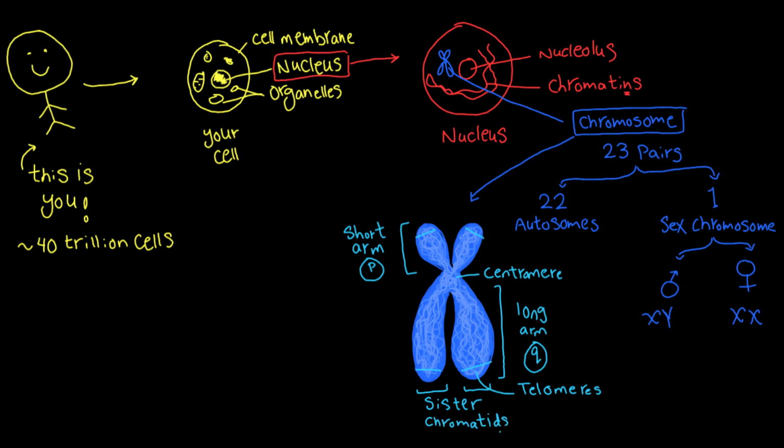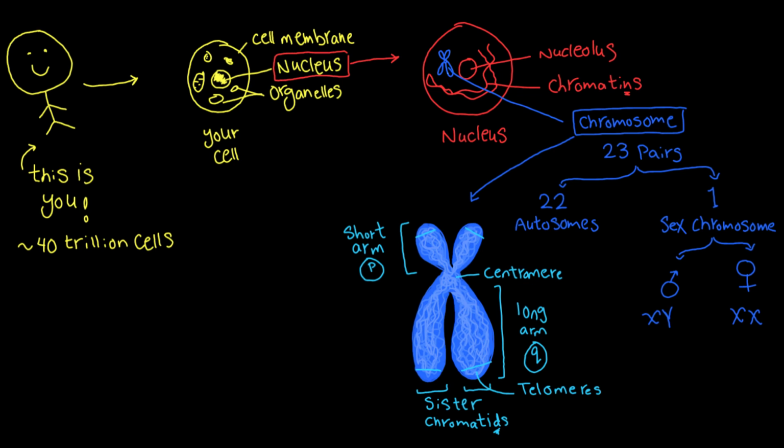Please pay attention to the D in chromatids and the N in chromatins. We said earlier that the nucleus is composed of a nucleolus and chromatins. We didn't say chromosomes. And the reason for that is that chromosomes are not visible when the cell is not dividing. So these fine threads in the nucleus are chromatins, which are composed of DNA, RNA, and proteins.